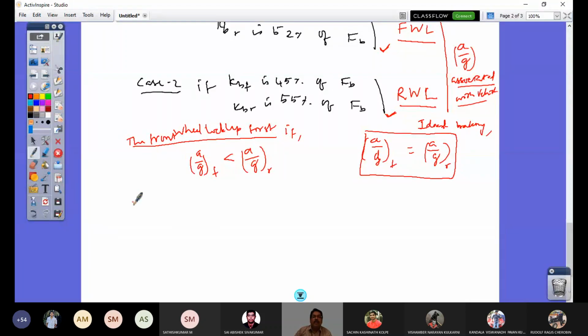Similarly, for rear wheel lockup first, if my A by G, the deceleration associated with the expected rear wheel lockup, is smaller than A by G F.